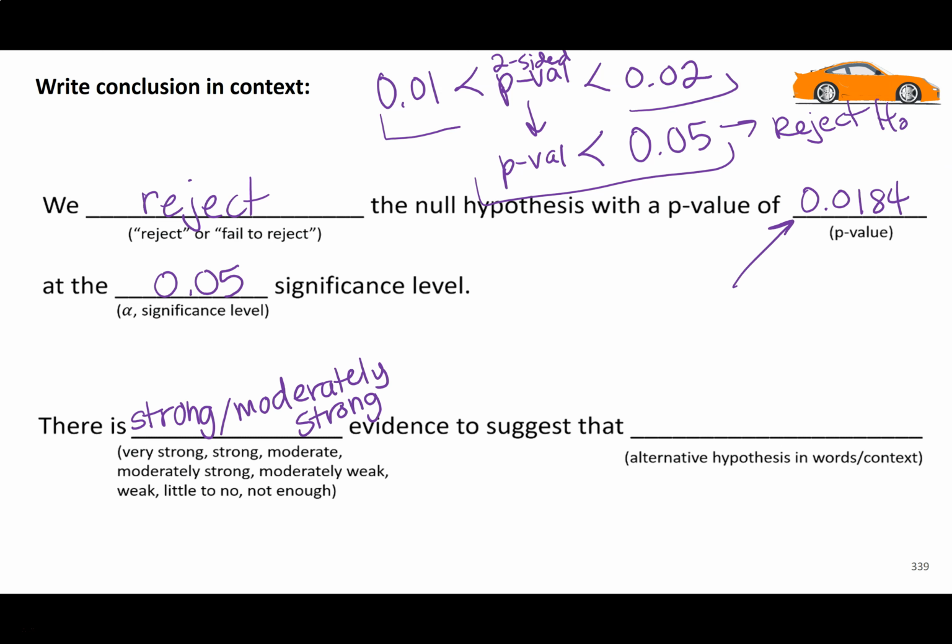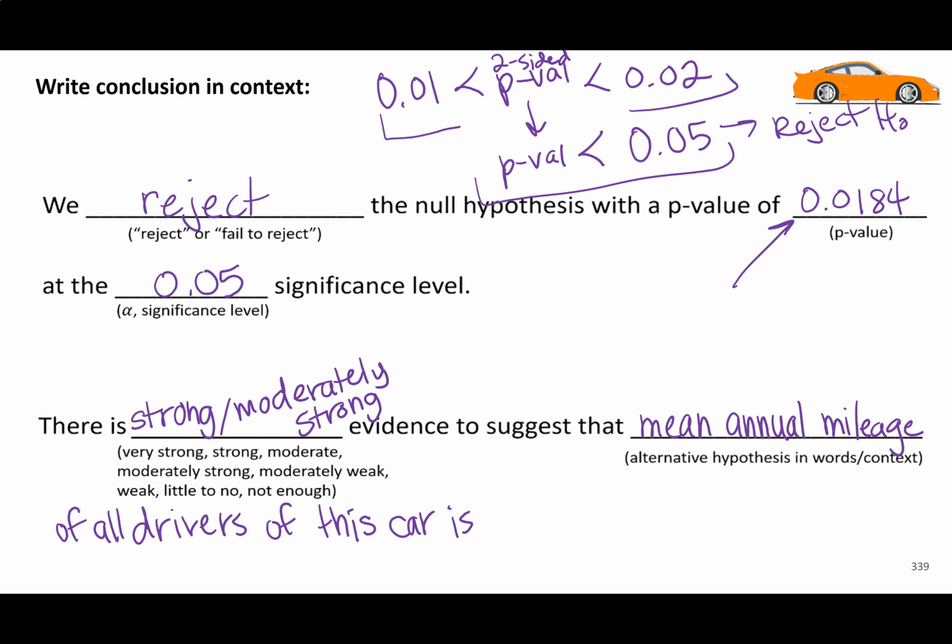Evidence to suggest that. And now I have to say the alternative is true, but I have to put it in context of the problem. So I have to talk about sports cars and mileage. So that the mean annual mileage of all drivers of this car is, and here is where you insert the part about the alternative.